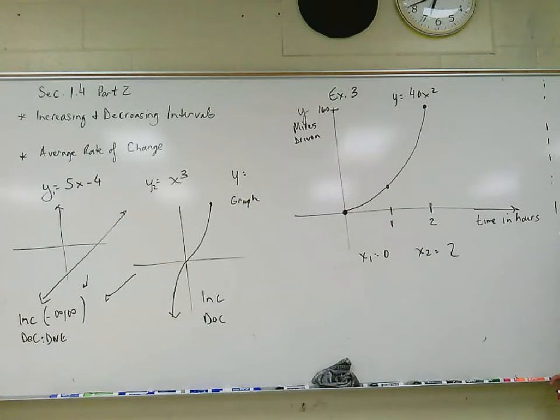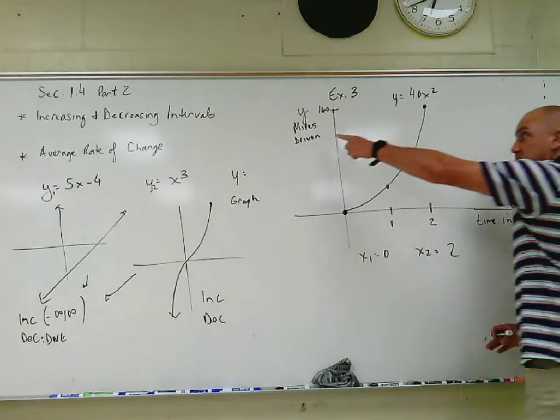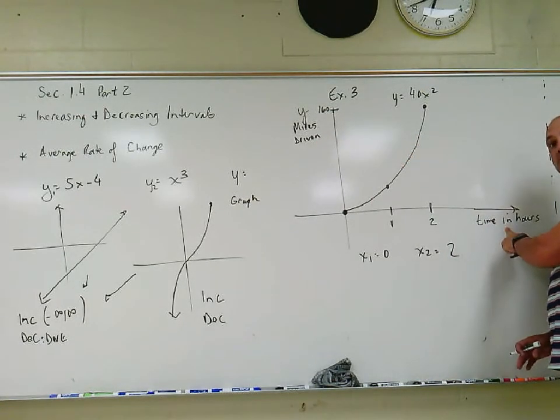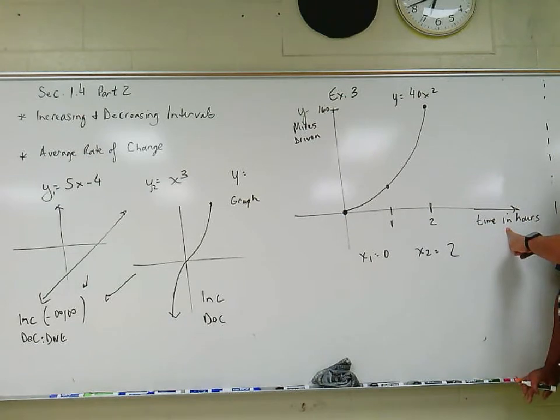How far the car is going in 2 hours? The distance? Speed. Rate of change is telling you the average speed or average velocity. Miles per hour. That's what this is going to be, because this is miles and this is hours. So rate of change is a fancy word for giving us the average speed of the car.